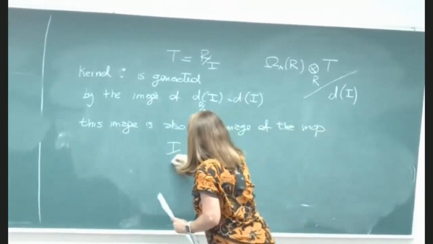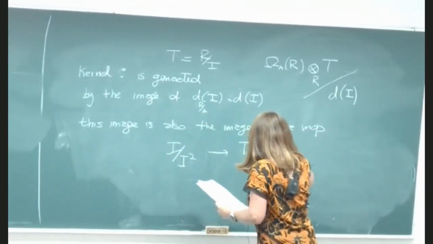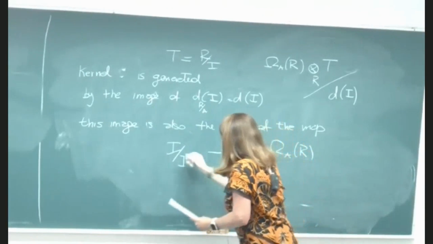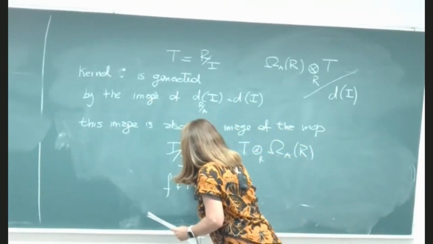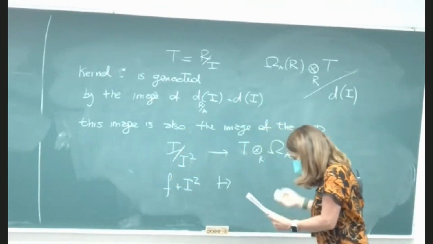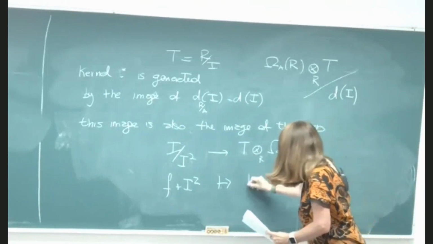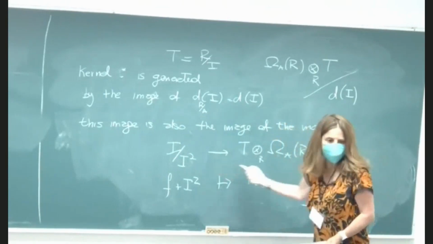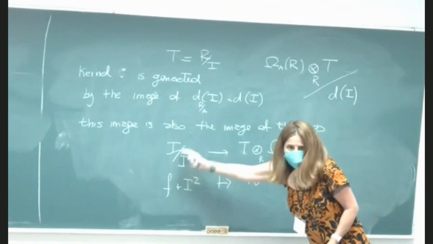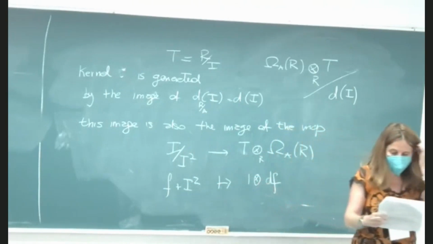That goes from I over I squared, the conormal module, to T tensor omega R, and sends any element here, called F plus I squared, exactly where you should send it. You send it to 1 tensor, because you have nothing in T, so you send it to 1 tensor dF. F is in I, just the F. This is where you send it.